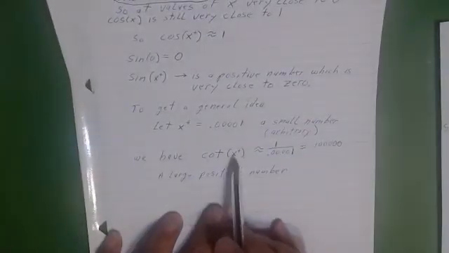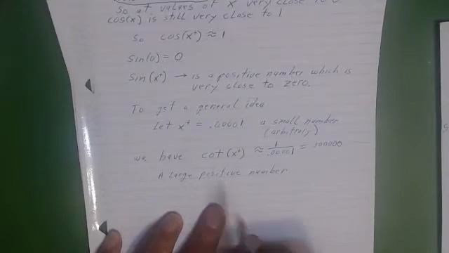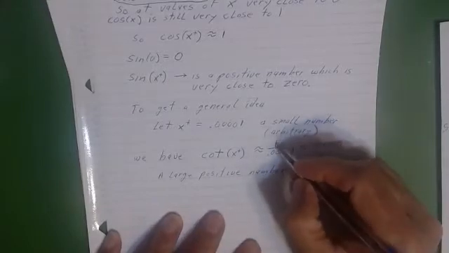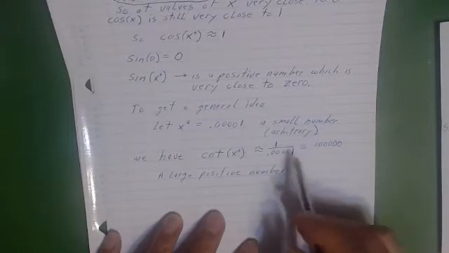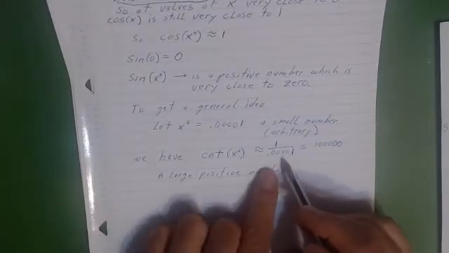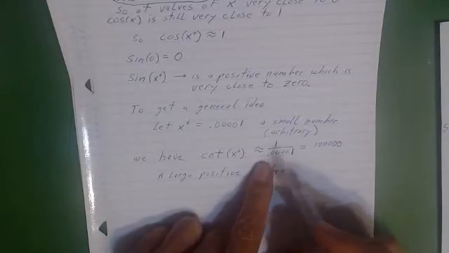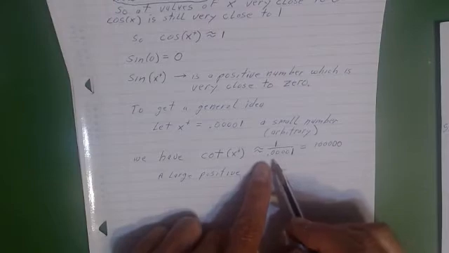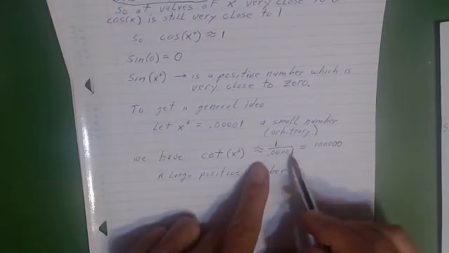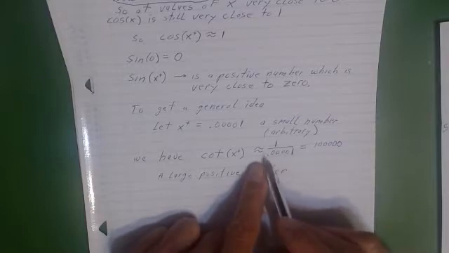So cotangent of x plus is 1 divided by, now this bottom number is arbitrary, and what I mean by that is, just to get an idea, you think of a number that's pretty small, okay? There's no magic about which number you use. You just want a really small number.